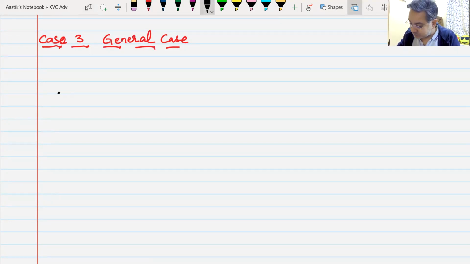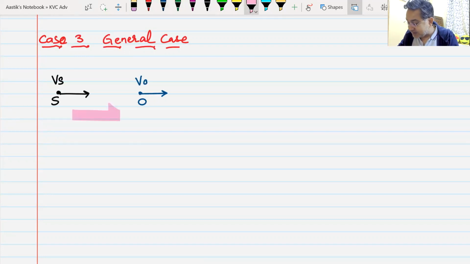Like this. Let us say this is your source and this is your observer. Source is S, observer is O. Source is moving with a velocity Vs, observer is moving with a velocity V naught. As you can see, this is the direction of sound.